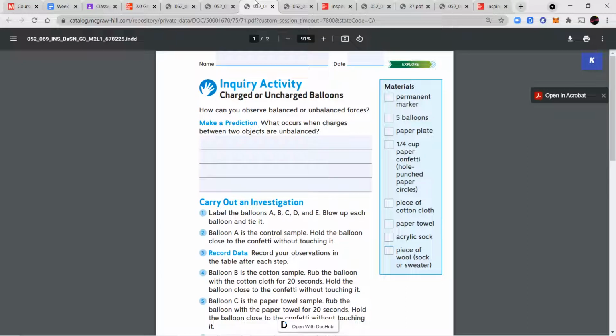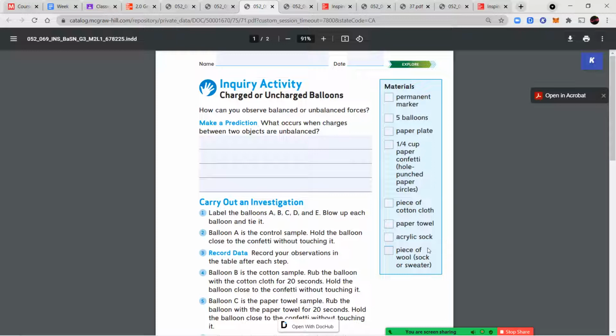How will different materials interact with unbalanced forces? The materials you'll need for this activity are a permanent marker, balloons, paper plate, some hole punched paper or confetti, pieces of cotton cloth, paper towel, an acrylic sock, and a piece of wool, like from a sock or a sweater.